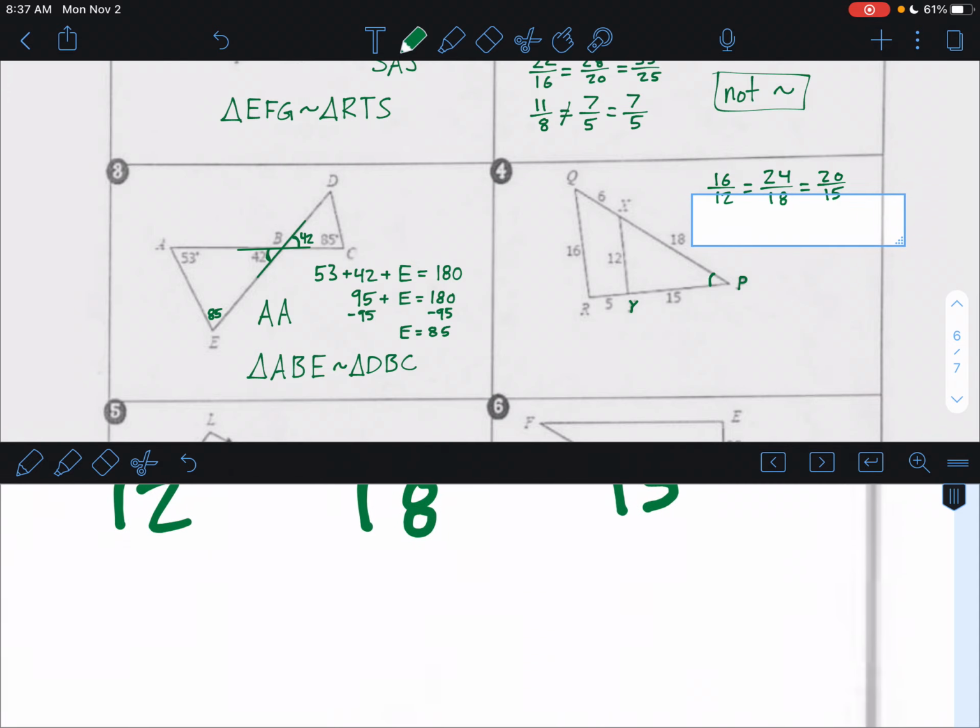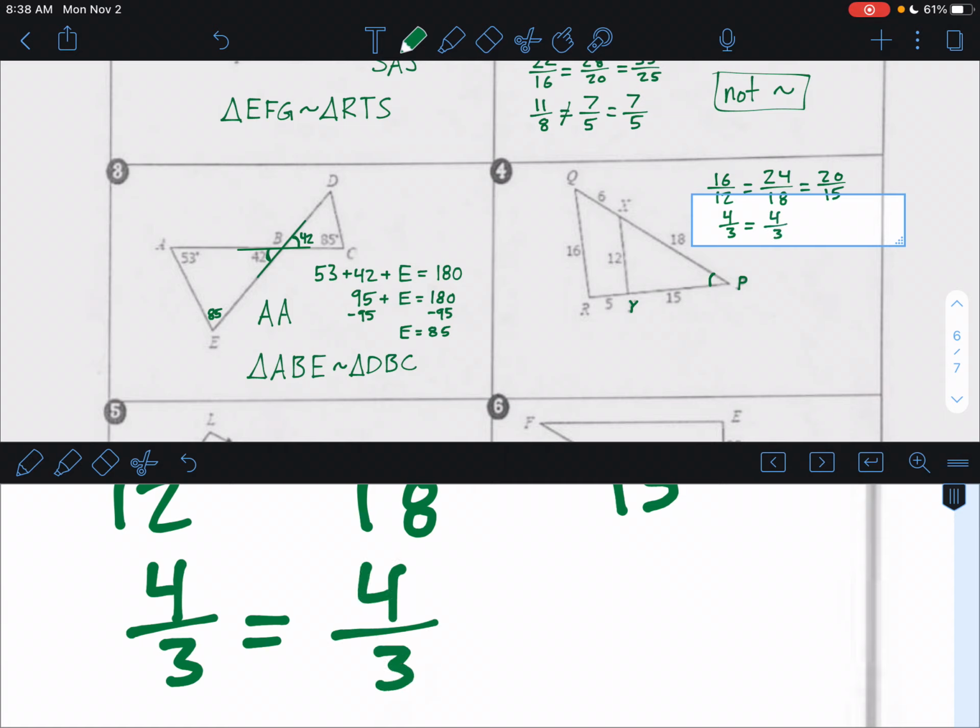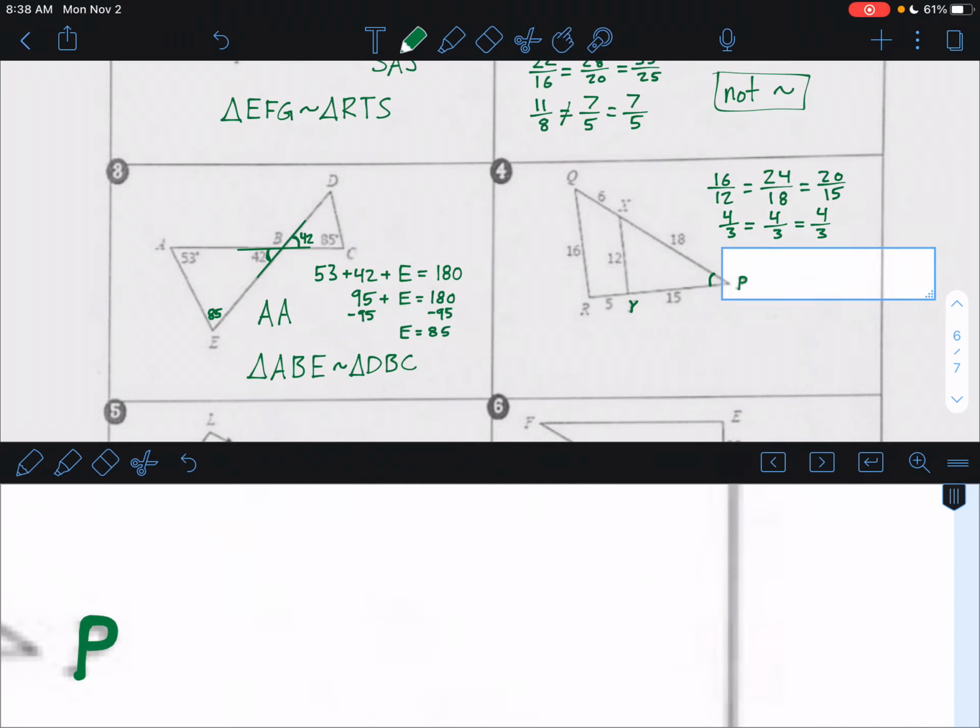So 16 over 12 is 4 over 3. 24 over 18, I divide both those numbers by 6, I get 4 over 3. 20 over 15, divide both those numbers by 5, I get 4 over 3. Since I got 4 over 3 each time, then these are all proportional sides.